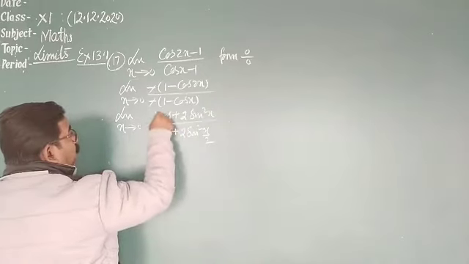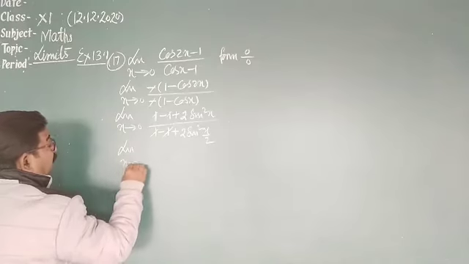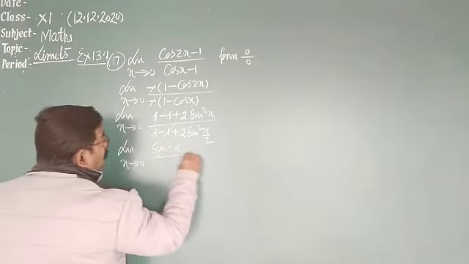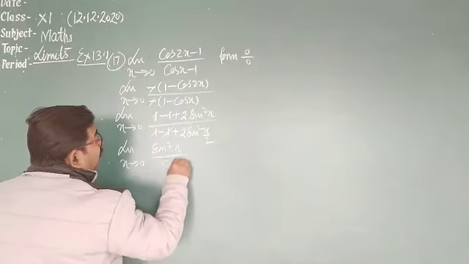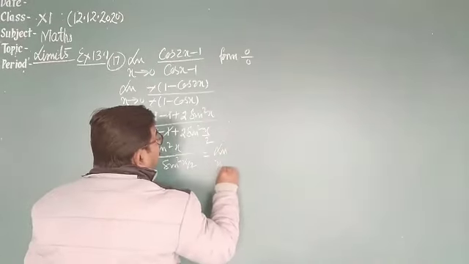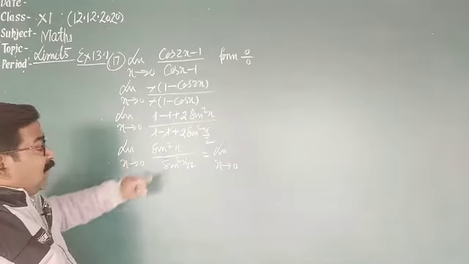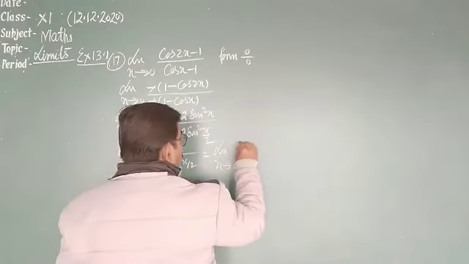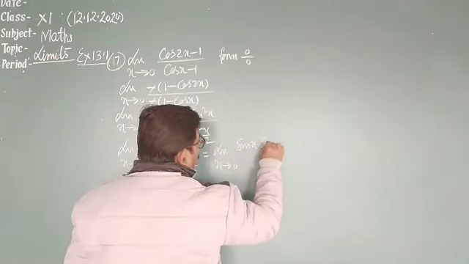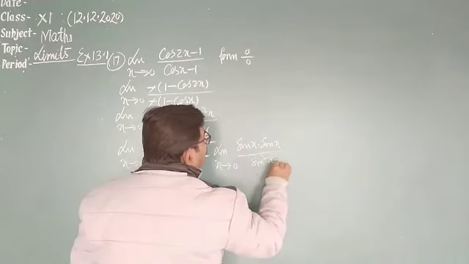The 2 and 2 will go. So what we have, limit x tends to 0, is sin square x upon sin square x by 2.